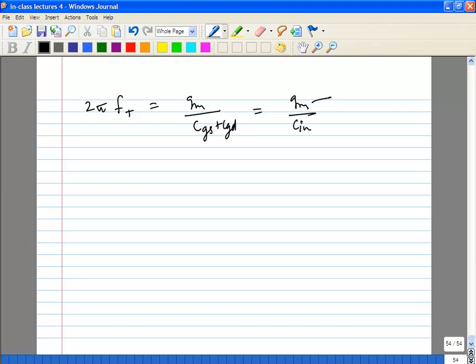We know that GM goes as square root of I. So if you double your current, you will get a 1.4 increase in FT. That is assuming a long channel transistor. If you have a short channel, you will probably get much less than that, because you're going to have velocity saturation.